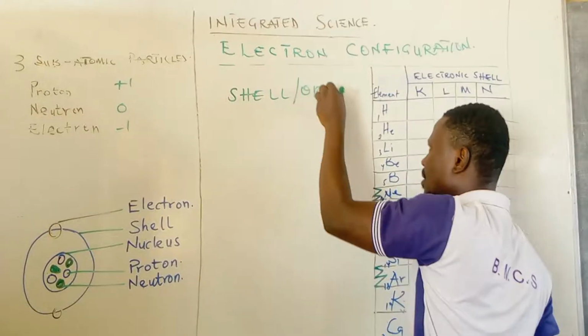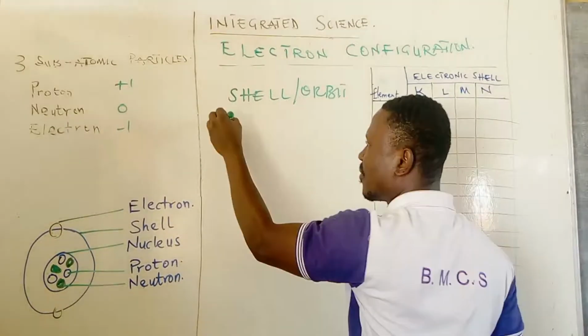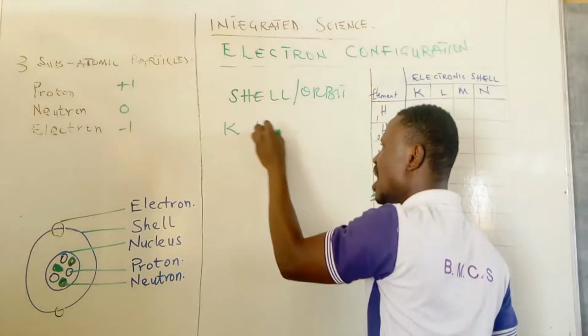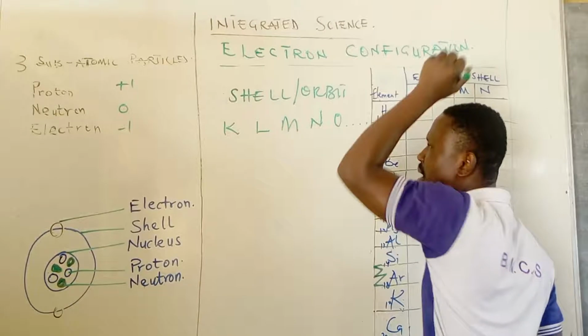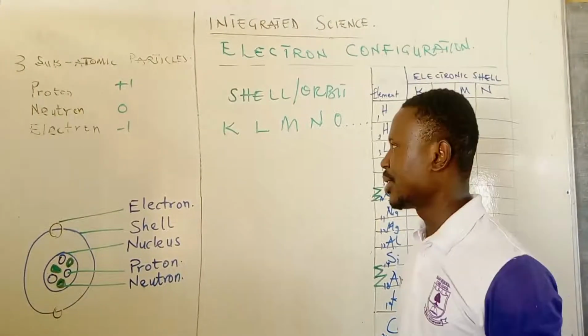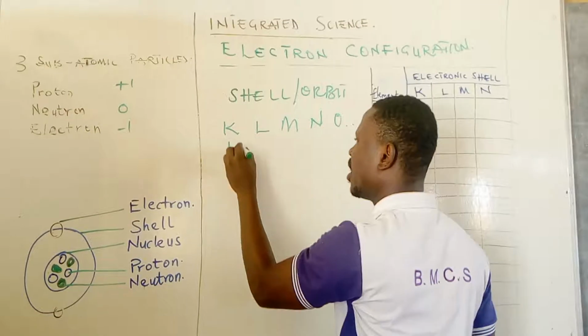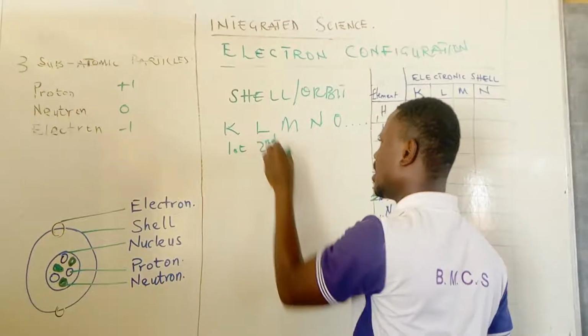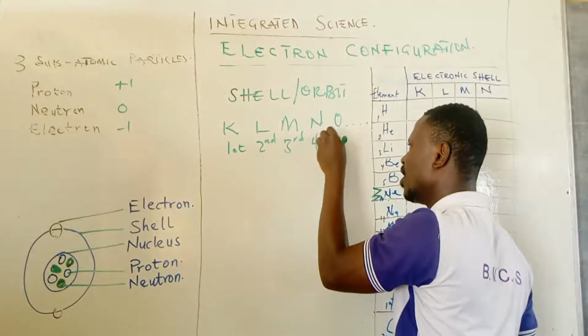We have K, L, M, N, O, and that shells. K is the first shell, second is L, third is M, N is the fourth shell, and O is the fifth shell, in that order.